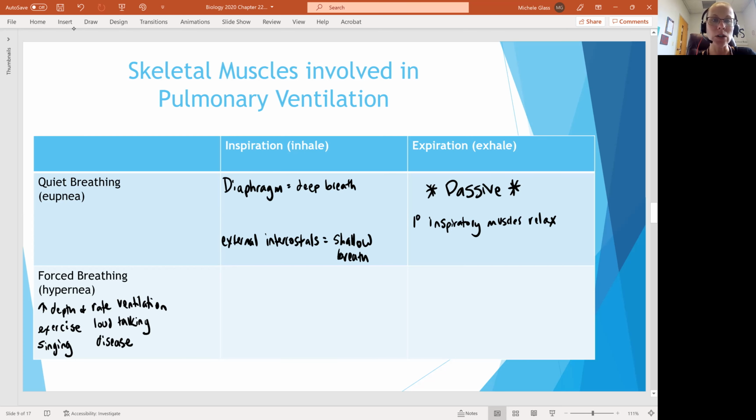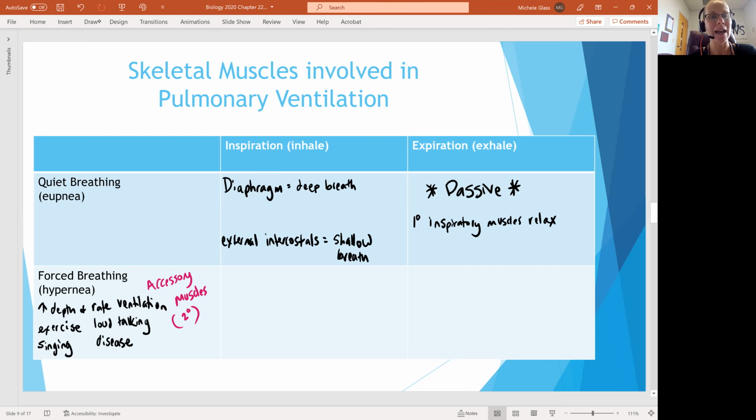Now here we talk about these muscles that are involved in the forced breathing as accessory muscles. Or if you wanted to, you could think about them as secondary muscles, right? So all of the muscles involved in the forced breathing are accessory or secondary muscles.